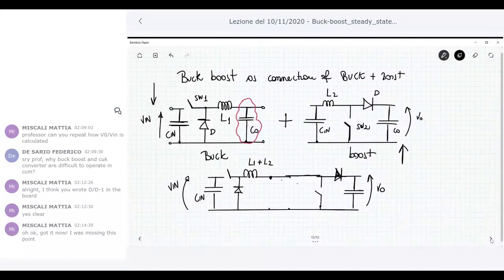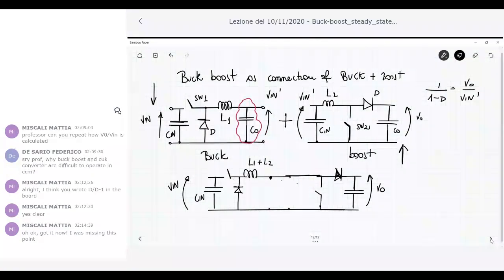And this converter, what kind of relationship between the input and output, which is the conversion ratio? But V in, and we can say V in prime is, this is a boost, which is 1 minus D. This is V naught over V in prime.